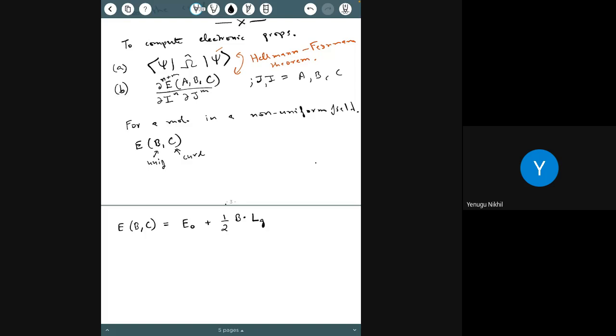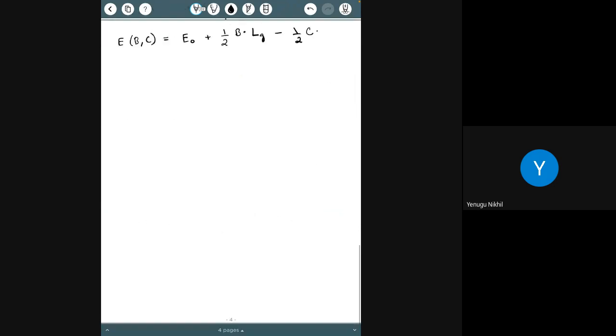And I have a linear term. This small a is the anapole moment which couples to the curl. So that is the definition of the anapole moment.